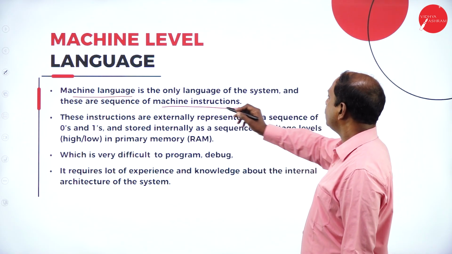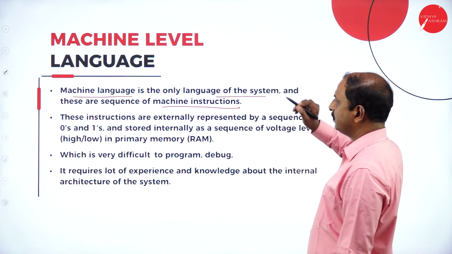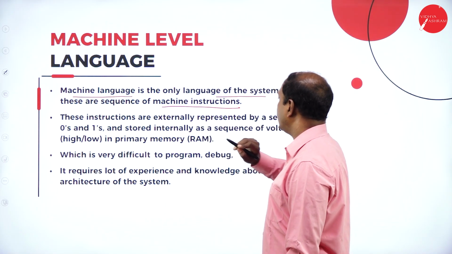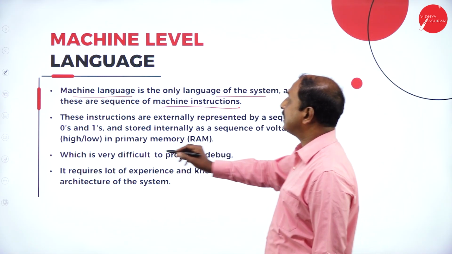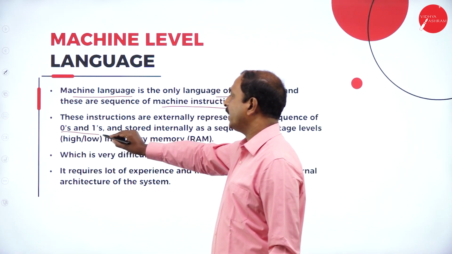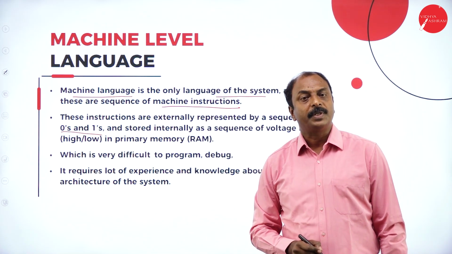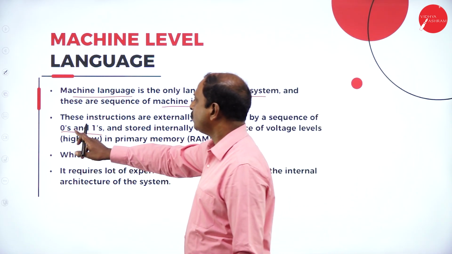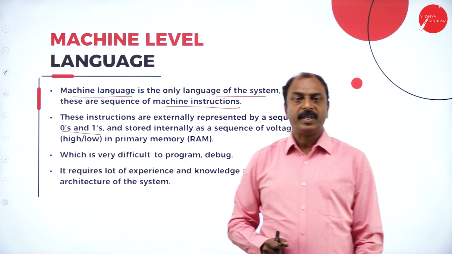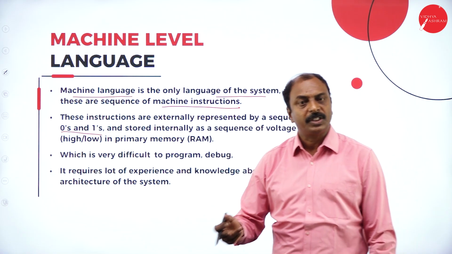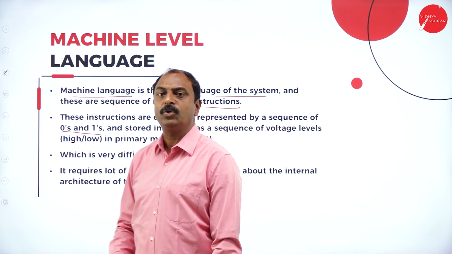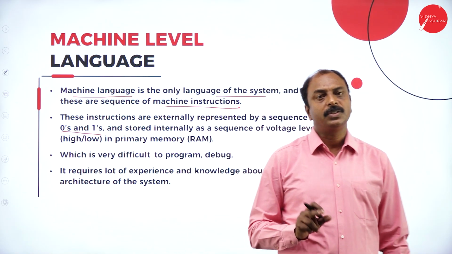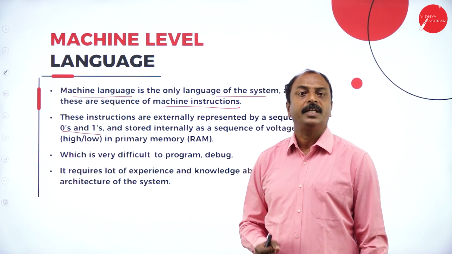It's also called the language of the systems, and these instructions are externally represented by using sequences of zeros and ones. If you talk about machine level language, here we have two binary numbers, zeros and ones. We write instructions in machine level language using zeros and ones, and different combinations of zeros and ones form an instruction.